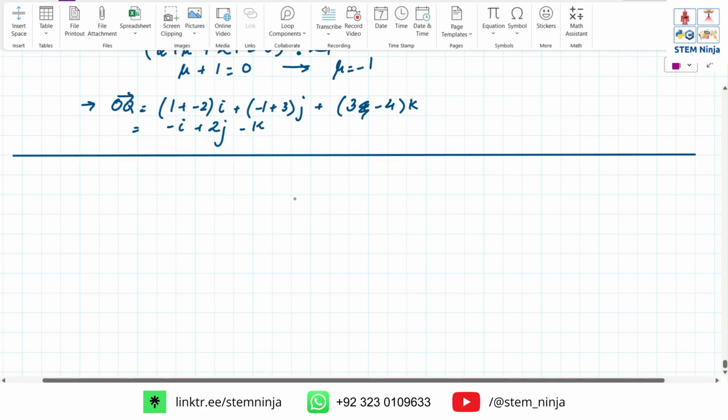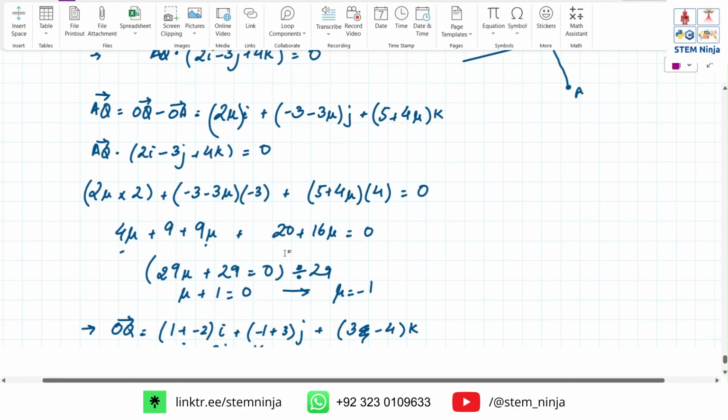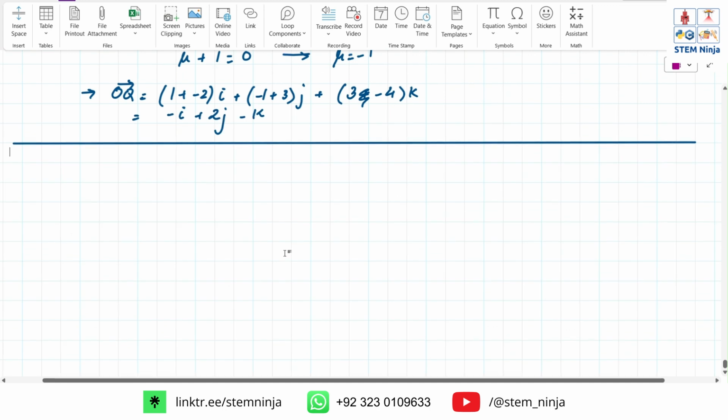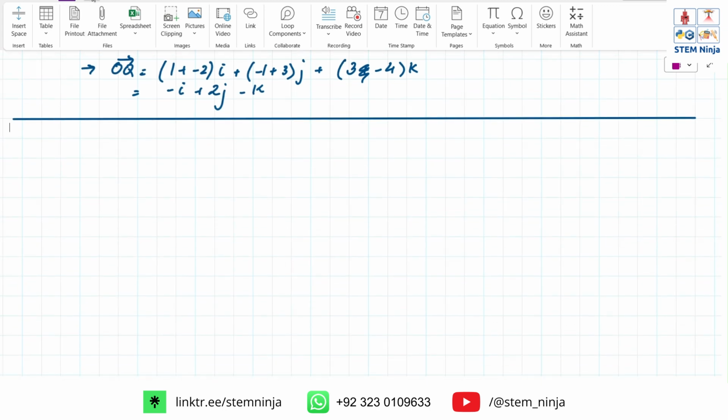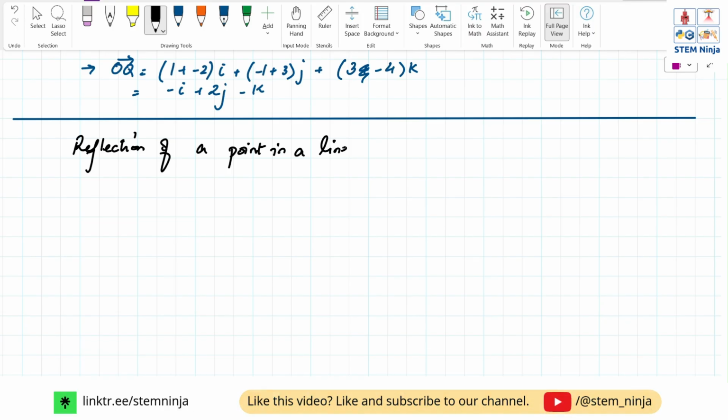All right. Since we're talking about the same concept, there's another concept which is very similar and is an extension of this. Questions often come for that about a reflection of a point in a line.